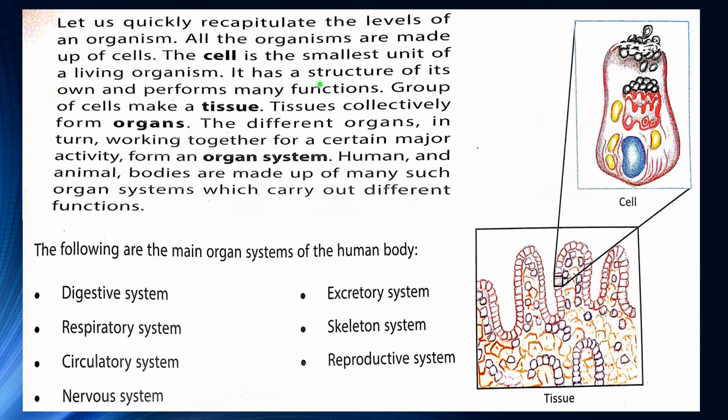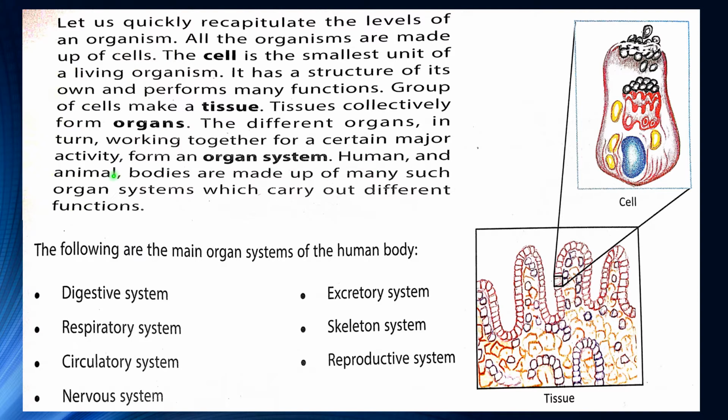It has a structure of its own and performs many functions such as digestion, excretion, etc. A group of cells makes a tissue. Tissues collectively form organs. The different organs, in turn, working together for a certain major activity form an organ system.